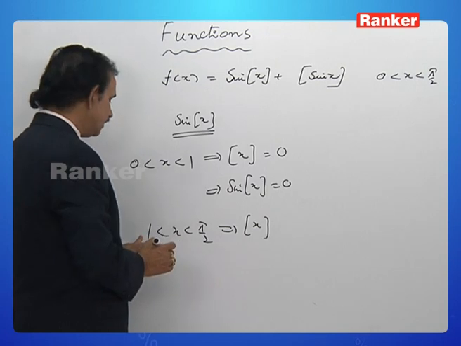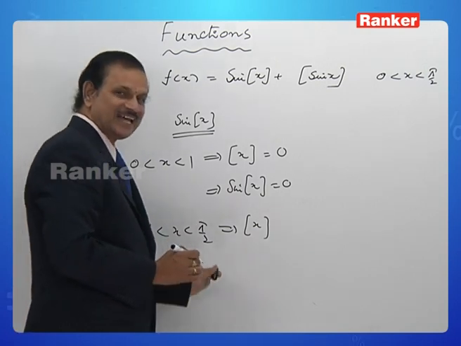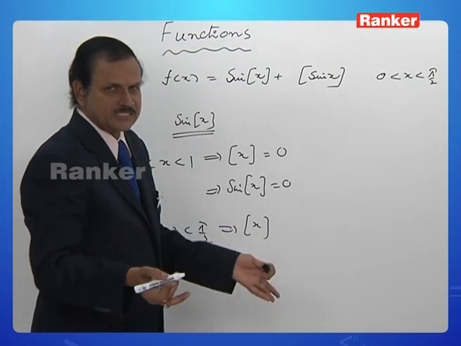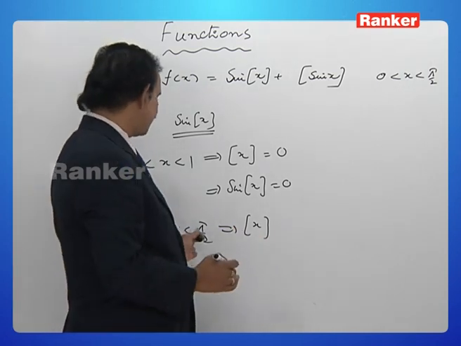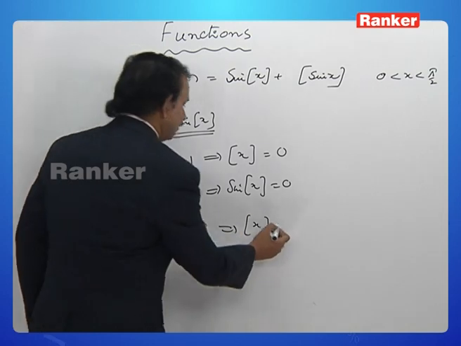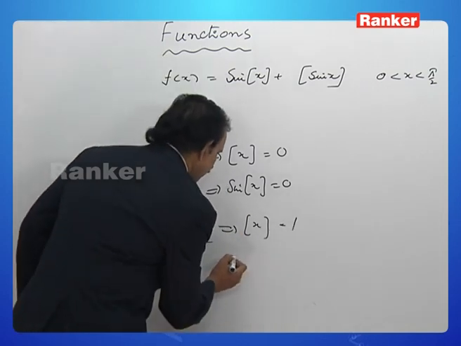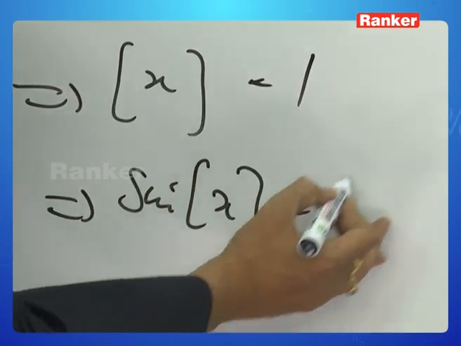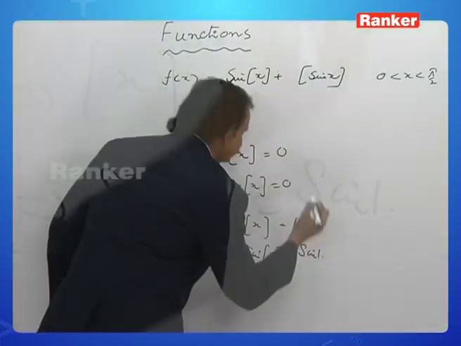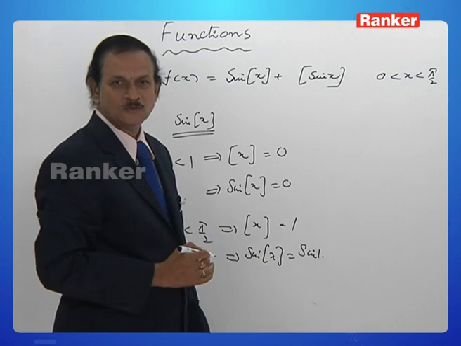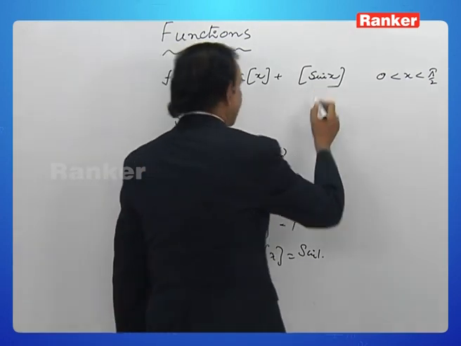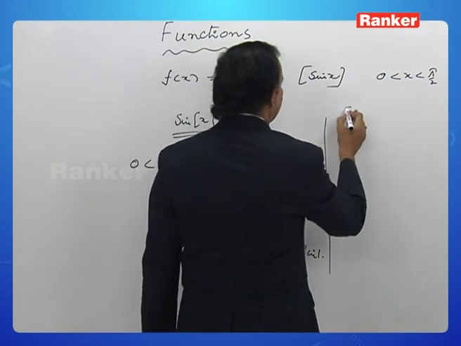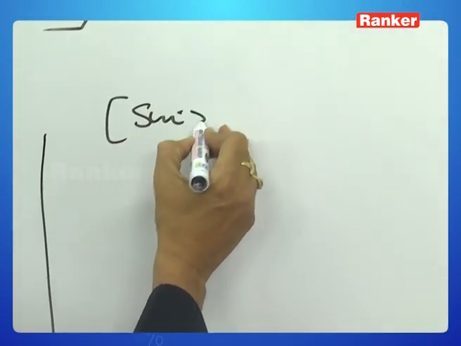It is a number which lies beyond 1, 1 point something, say, so its integral part is surely 1. Integral part of x is 1, which implies sine of integral part of x is sine 1.